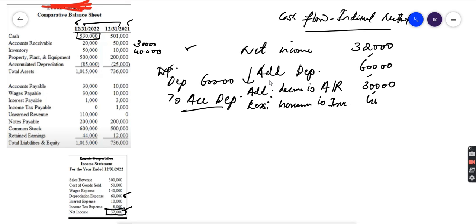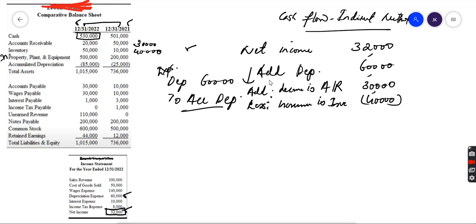Okay, 40,000. We would have to make it less. So two things are done. Plant and machinery, this is actually an investing item, so we'll not take it in operating. Accumulated depreciation, it was 25, it has become 85, and that's the reason for this depreciation of 60,000. We have already considered that. So that part is over.